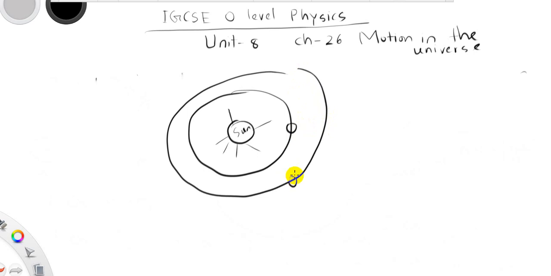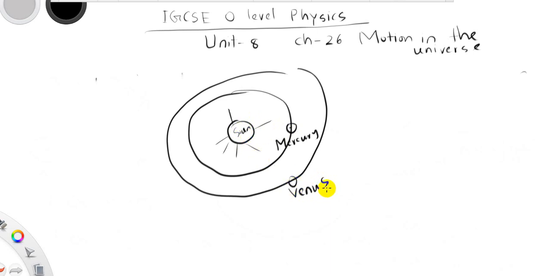Is the orbital speed of Mercury the same for Venus? No, because the gravitational attraction force between Sun and Mercury and Sun and Venus is different.